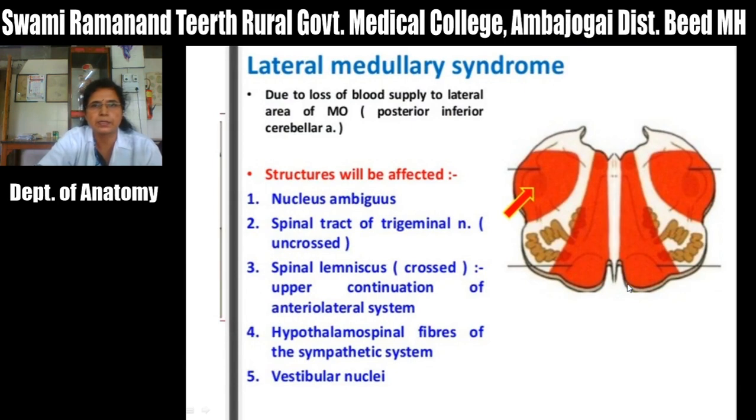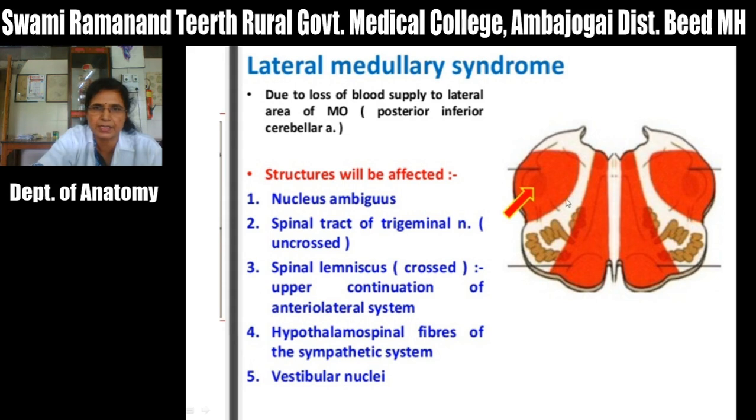Then we will see lateral medullary syndrome. This is due to a lesion of the posterior inferior cerebellar artery, which supplies the posterolateral part of the medulla. Due to this lesion, which structures are affected?